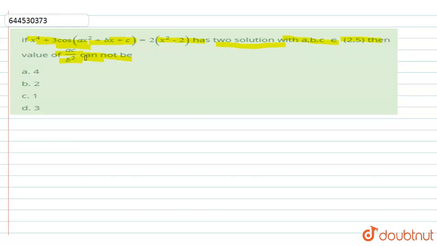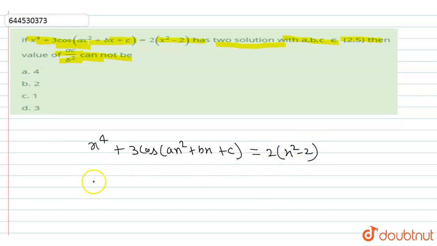So from here we can write this. Given that x to the power 4 plus 3 cos(ax² + bx + c) is equal to 2(x² − 2).